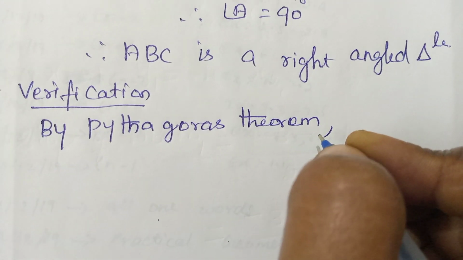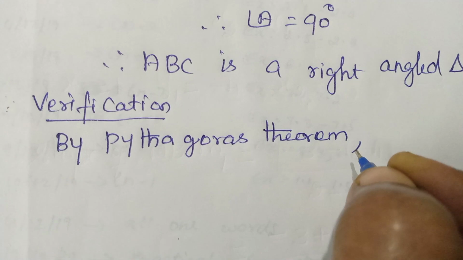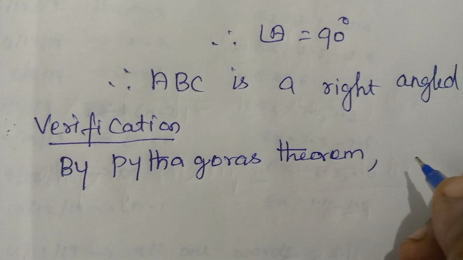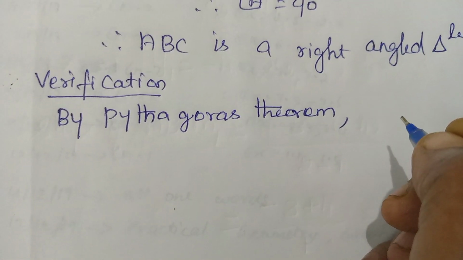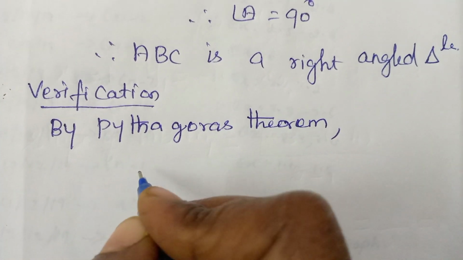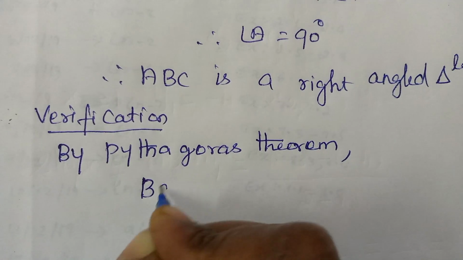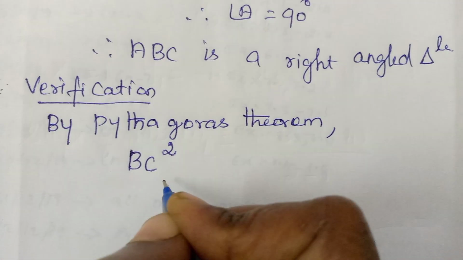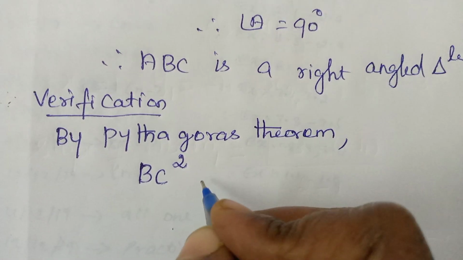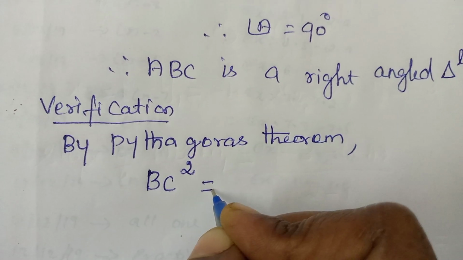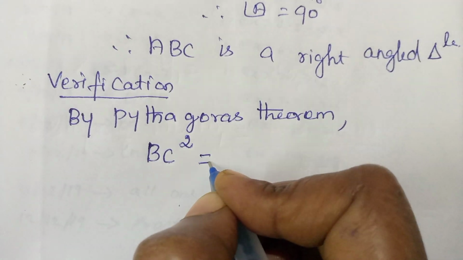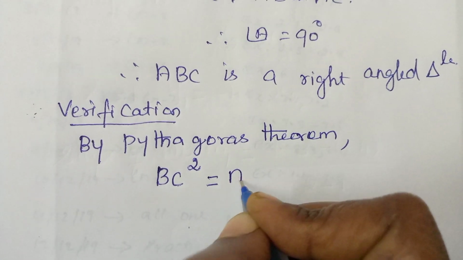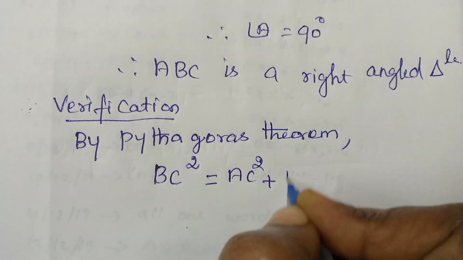The square of the hypotenuse is equal to the sum of the squares of the other two sides. So we know from the diagram, the hypotenuse is BC. BC is the hypotenuse side. The square of the hypotenuse means BC square is equal to the sum of the squares of the other two sides, that means AC square plus AB square.